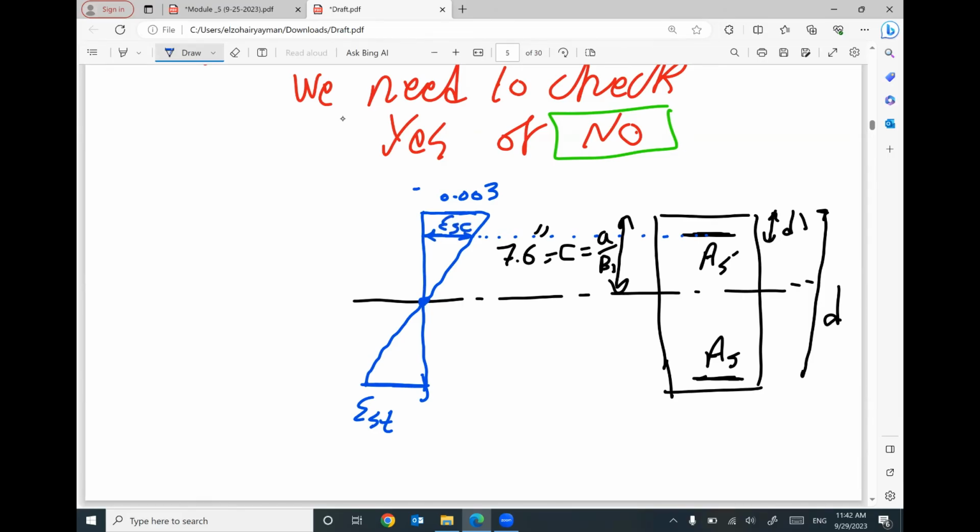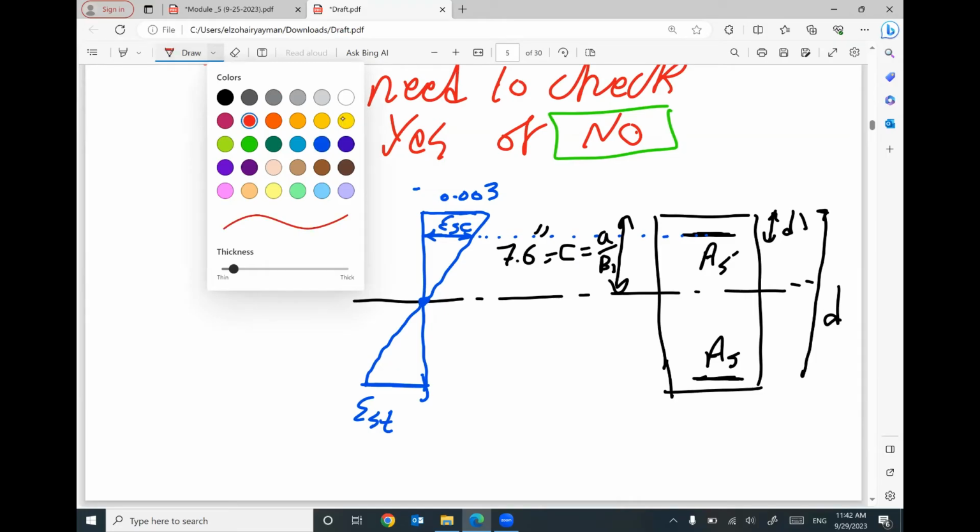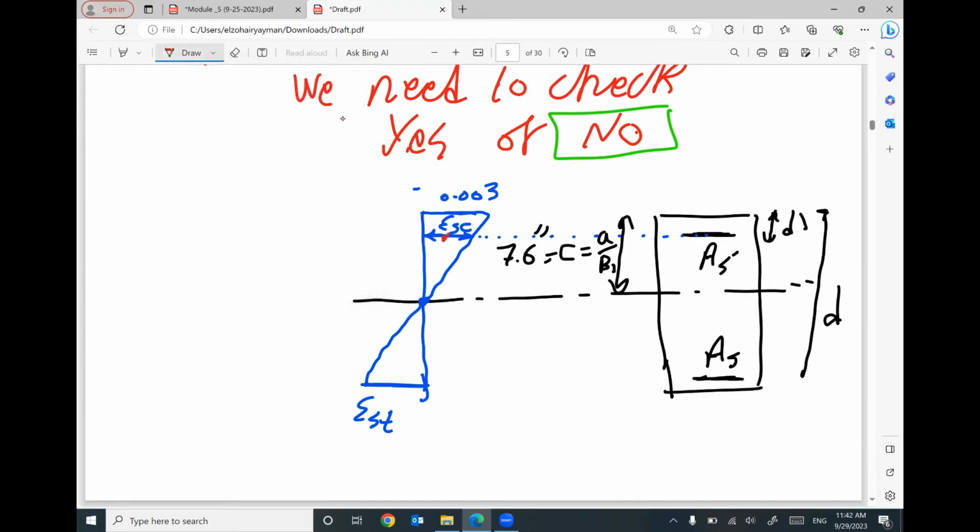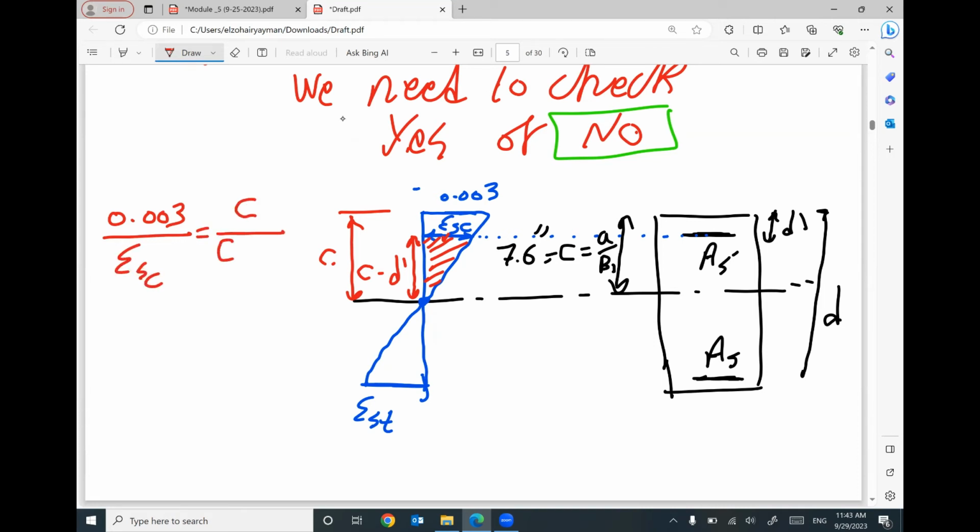We need to figure out this value. So I will use triangle similarity between this little triangle, whose little distance is c minus d prime, and the bigger triangle, whose total distance is c. So 0.003 divided by epsilon steel in compression equals c divided by c minus d prime.